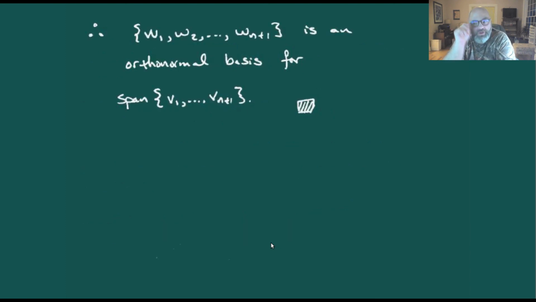And so putting all of that together, it is possible to take this original set, apply this Gram-Schmidt orthogonalization procedure, and come up with an orthonormal basis set for your space.